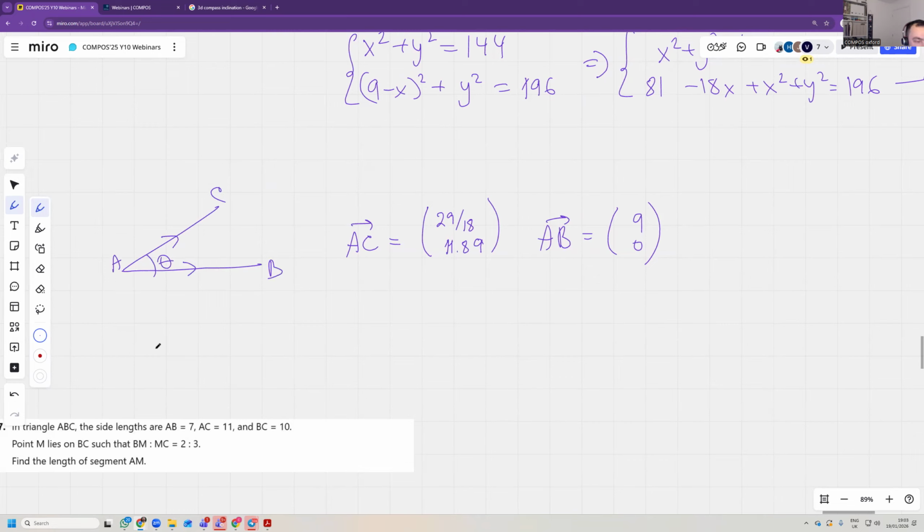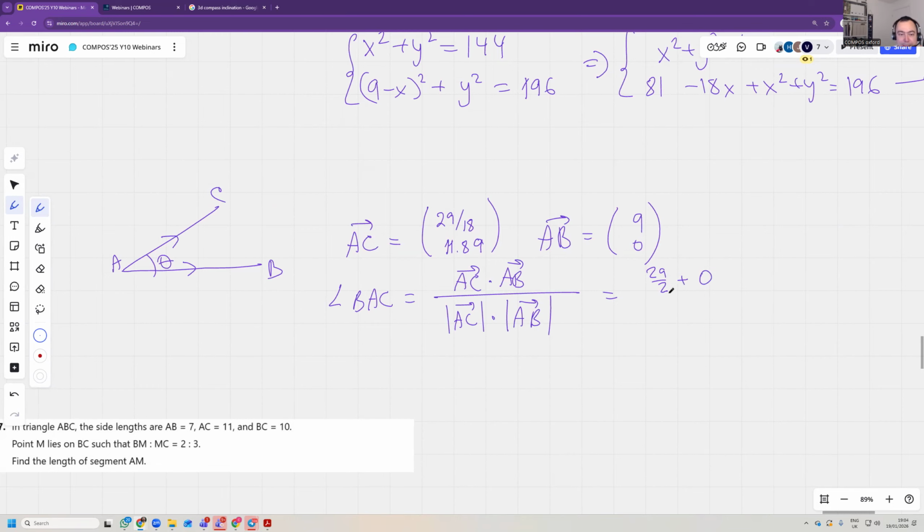And to find the angle between the two vectors, so angle BAC, we need to multiply AC times AB, the dot product of the two vectors, divided by the modulus of AC multiplied by the modulus of AB. So multiplying the two vectors, it's 9 times 29/18, which is 29/2 plus 0.